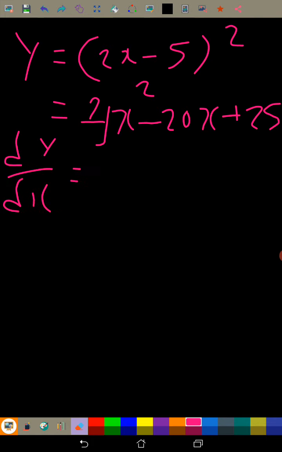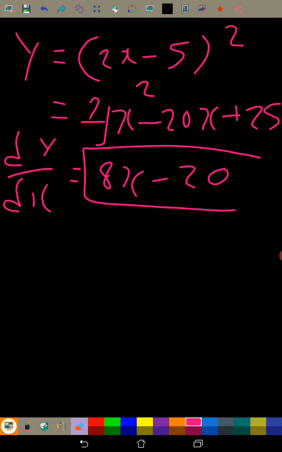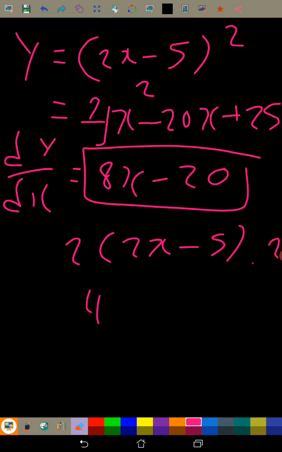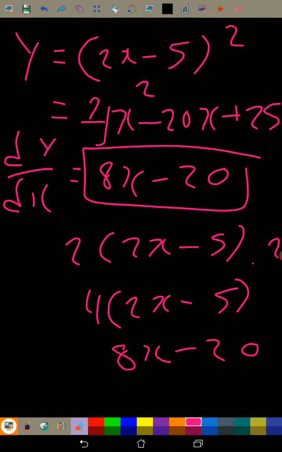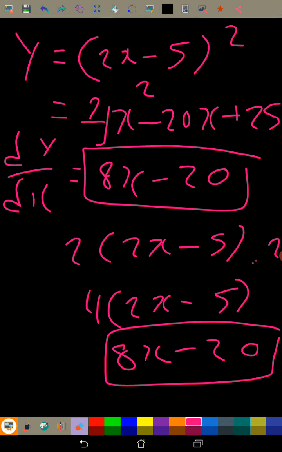And here, to differentiate, we get 8x minus 20. I think that's exactly what we got from doing 2 times (2x minus 5), with the 4 here: 8x minus 20. It's the same, but we start by expanding this.